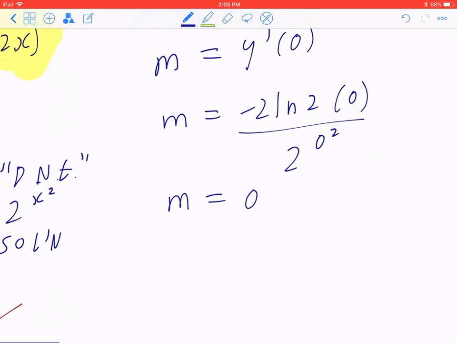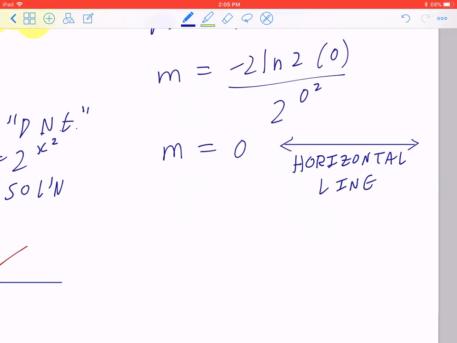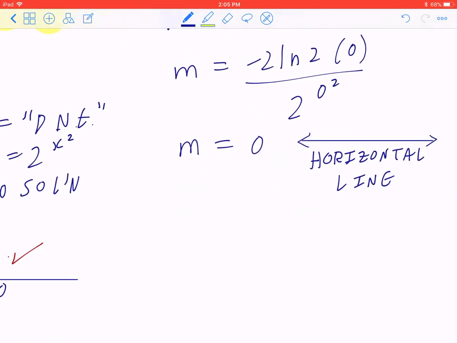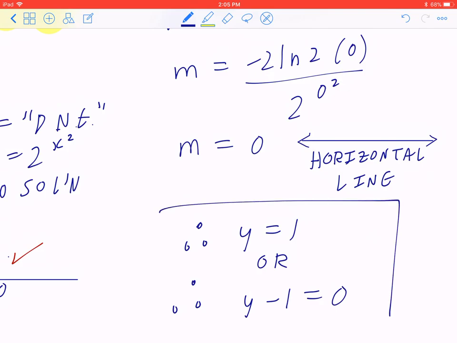And again, this is important. Don't forget, if the slope is 0, this really means graphically you're thinking about a horizontal line. And again, this should not be a surprise. It's the maximum, so that should be a horizontal line. Since the location is going to be at (0, 1), this tells you it's going to be y equal to 1. Or, if you put this in standard form, it's going to be y minus 1 equals 0.